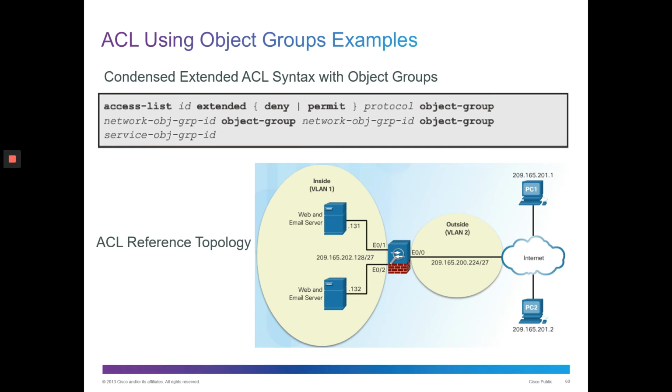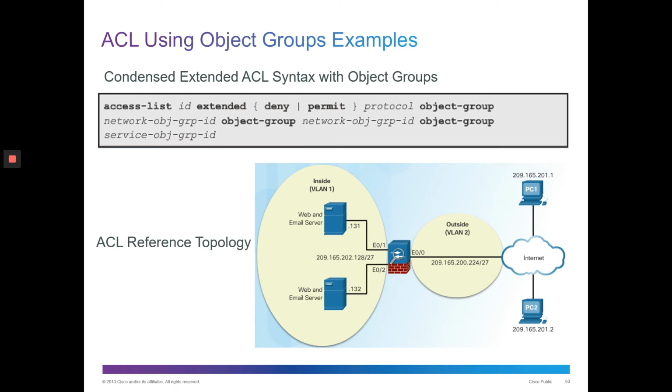So this is the example of that one. You specify access list ID, again extended or standard. At the end you specify the object group, whatever the name of that group is. Here again, the one that we created, you simply specify the name, and the settings you specify here for the ACLs will be applied to this object group.